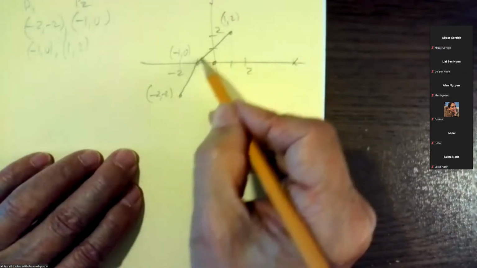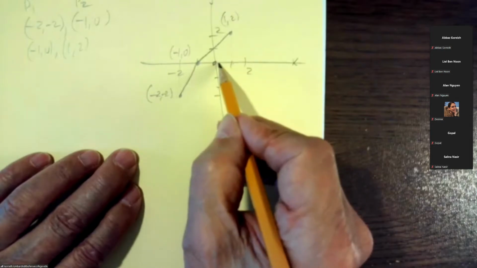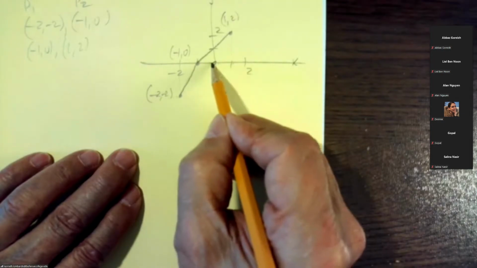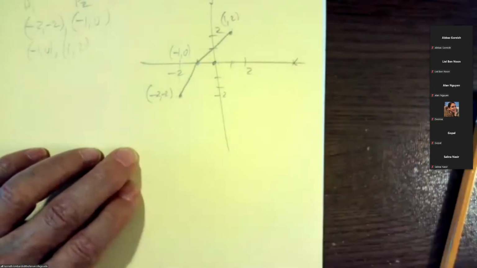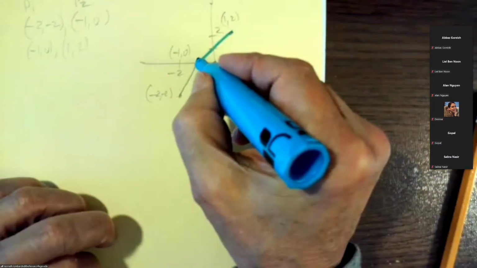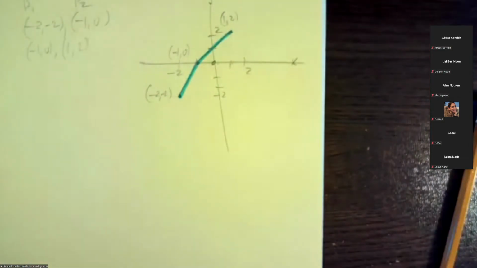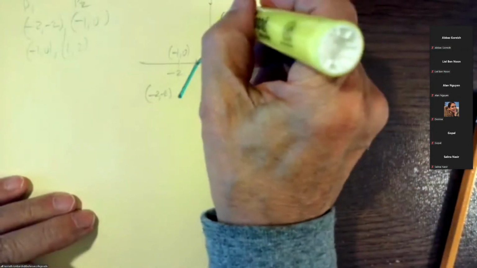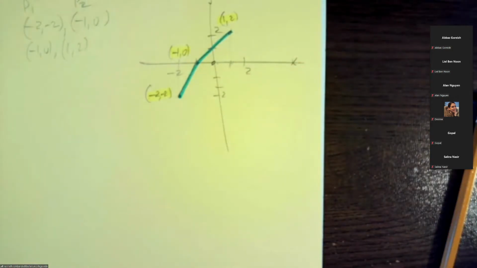So I've got a line segment that goes from -2, -2 to -1, 0, then over 1 and up 2. So it looks like this. Color that in so we can see that a little more. And then maybe we should highlight these a little bit so that we can see those a little better. Everybody see those okay?